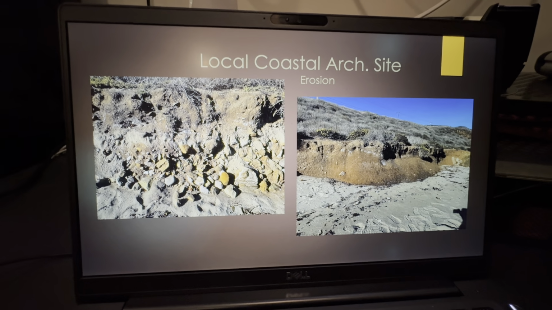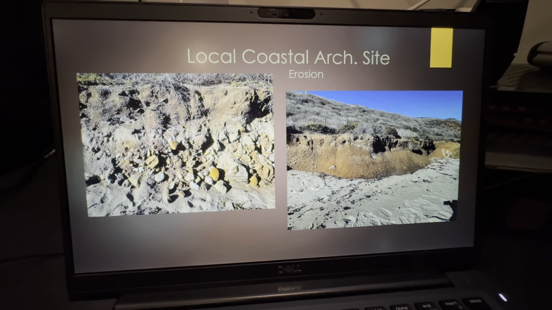Here we have some examples of coastal erosion that impacts the sites. So I wanted to include these photos because erosion has a big impact on archaeology sites, especially ones that are this close to the water. So here you can see just the huge rocks like falling off like the cliff.